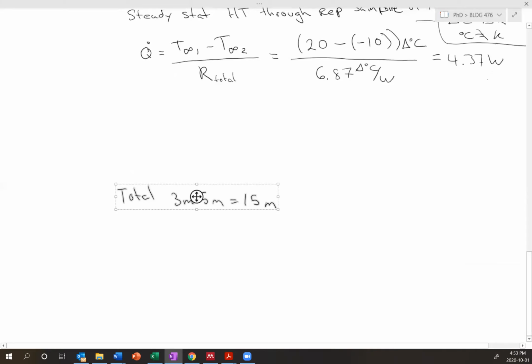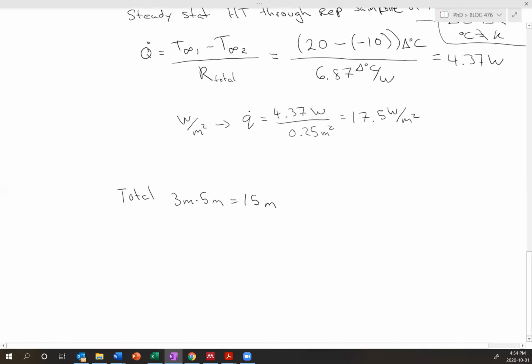Okay, and of course, this 4.37 watts we found was this kind of representation of a cross section. And so what we actually wanted is watts per meter squared. And so to find that, we say our small q, or q per area, is equal to our 4.37 watts divided by our 0.25 meters squared, which gives us 17.5 watts per meter squared.